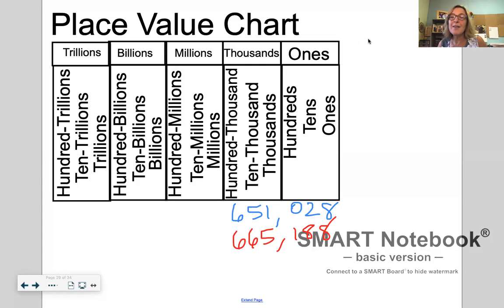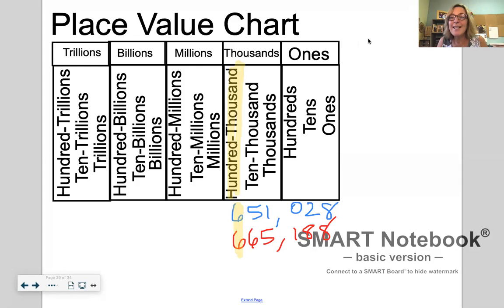So when we compare the size of numbers, we always start in the greatest place. So the greatest place that you can see the sixes happens to live in, and that would be the 100,000s place. Now, the first number has 600,000s. The second number also has 600,000s.